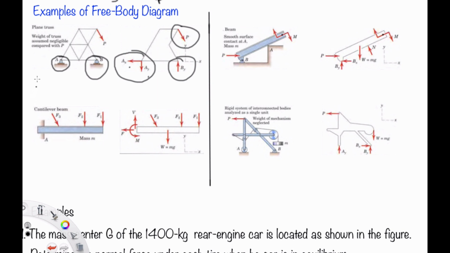And the second one is a cantilever beam. On the cantilever beam, please see that it is a fixed connection. With the fixed connection, we have three forces here, the first force, the second and the third one, so they have to keep it in a steady condition.